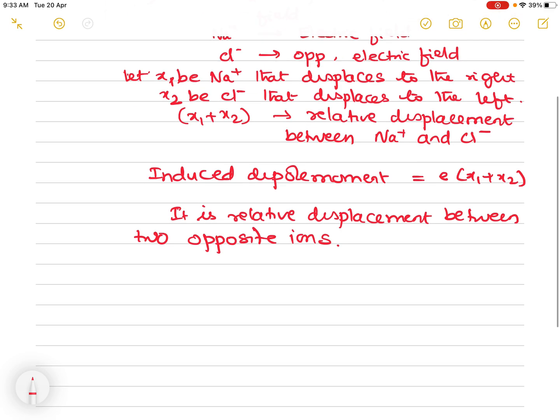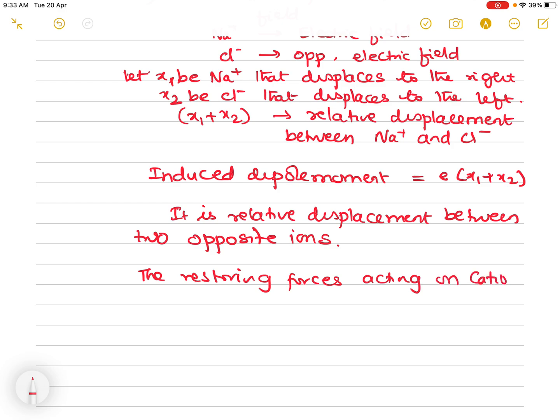So the restoring force acting on the cation and anion is the same.